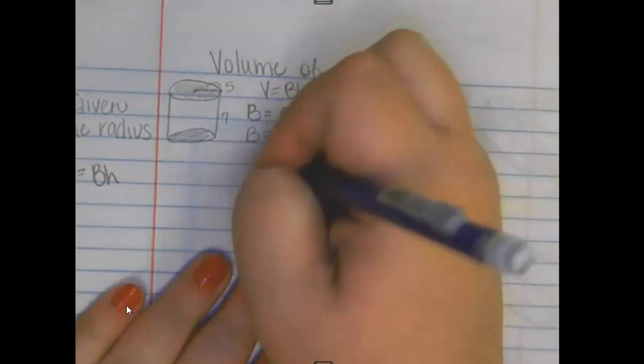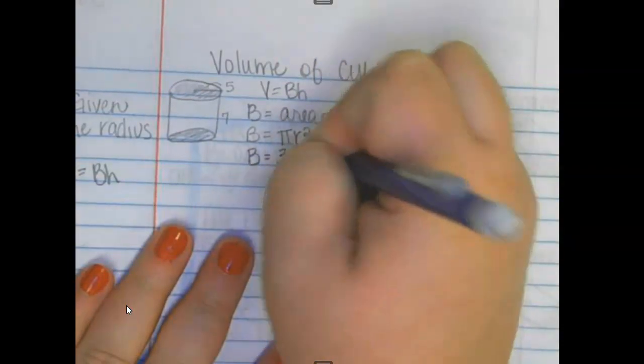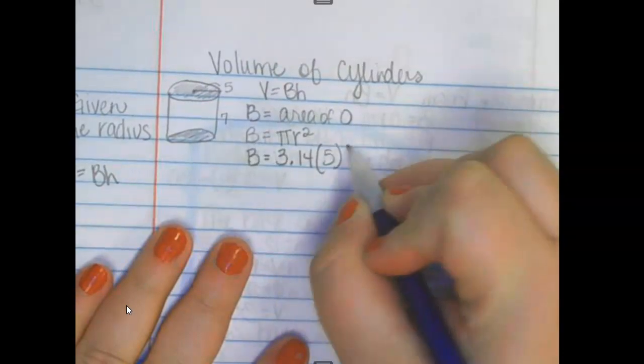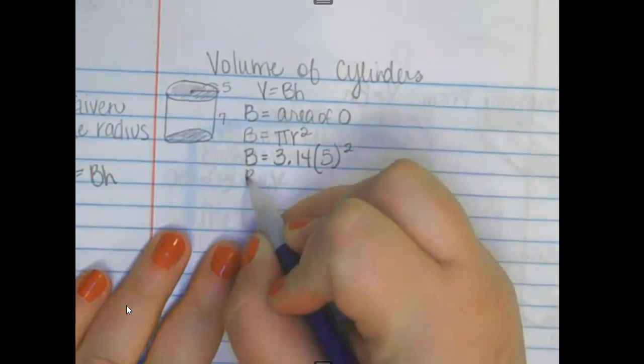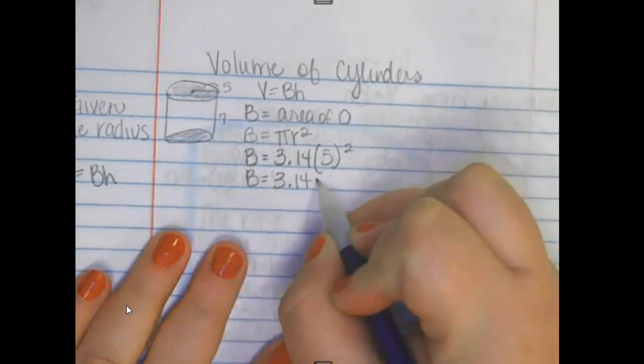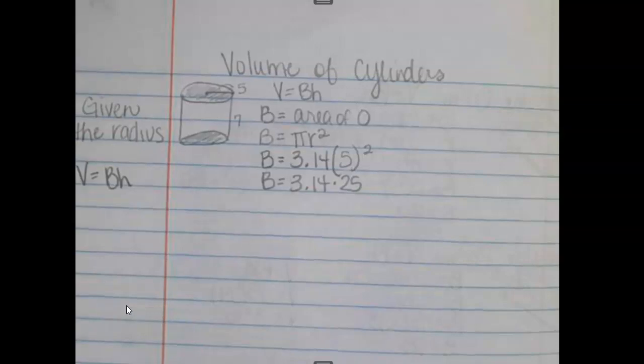So we have pi, which is 3.14, and we have a radius, which is 5. We're going to take care of that radius first. 3.14 times 5 squared, which is 25. So 3.14 times 25, I'm going to use a calculator for that. You're welcome to do it by hand anytime you want, but 3.14 times 25 is 78.5.